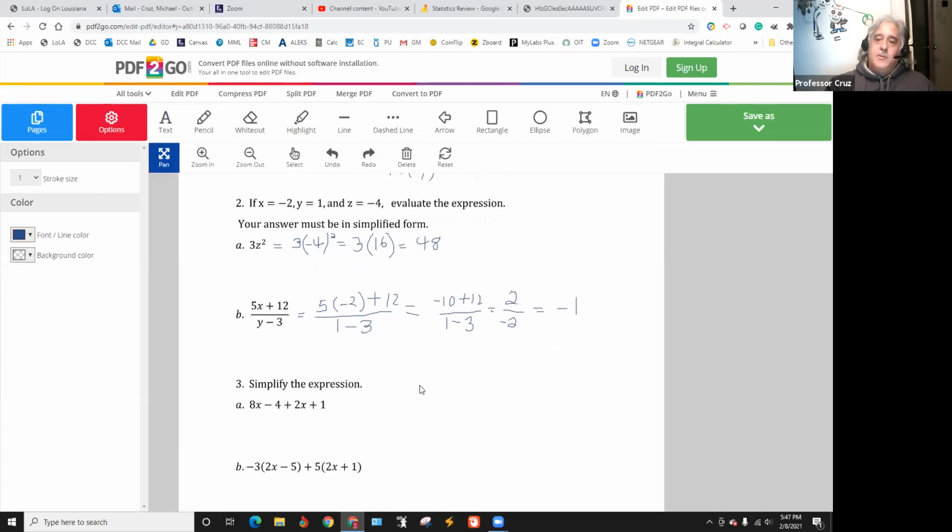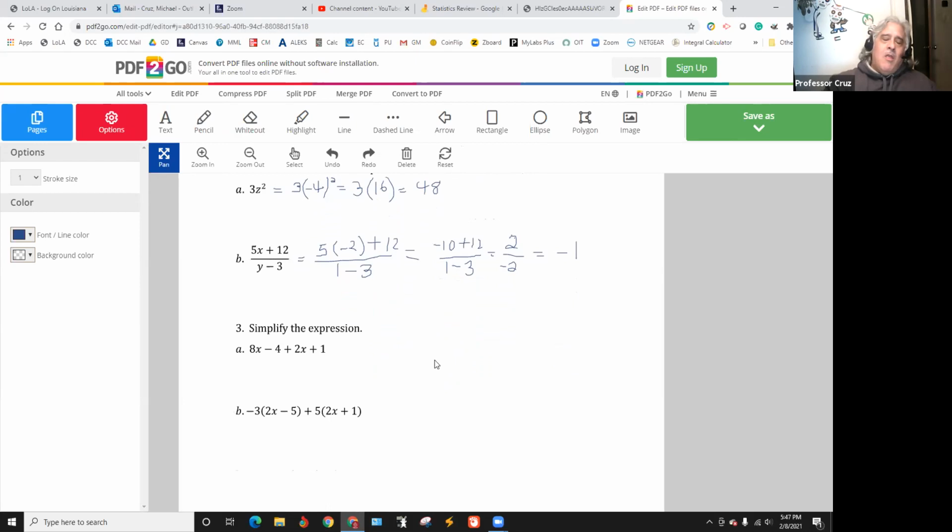Any questions about those? All right. Now we're getting into some expressions that we want to simplify. And this is just collecting like terms.